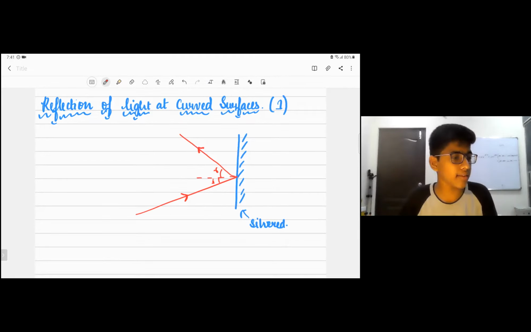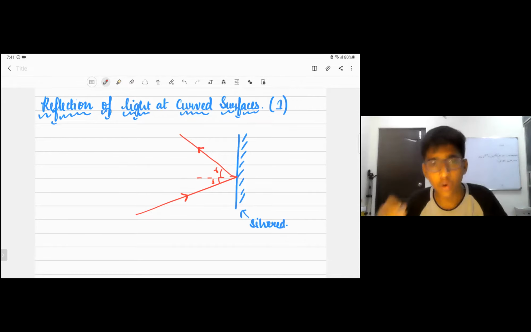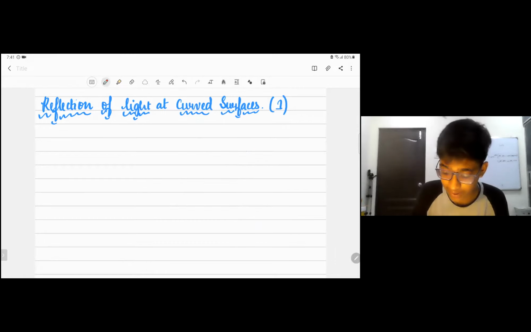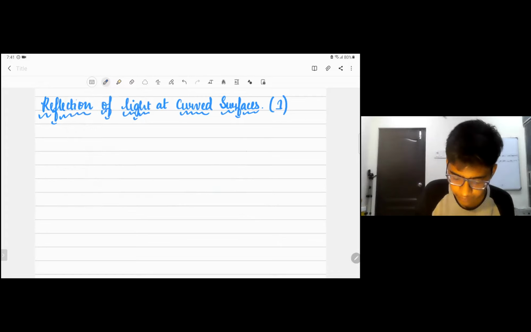Now, in this lesson, we will be discussing reflection of light in spherical mirrors. What basically is a spherical mirror?